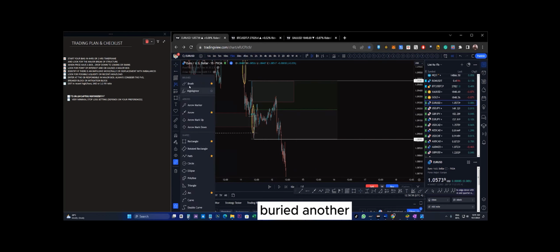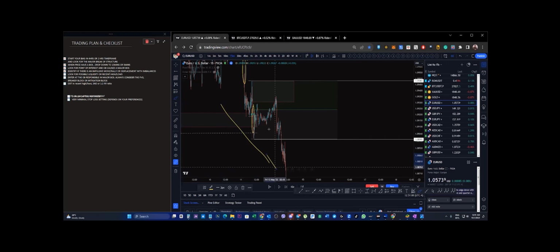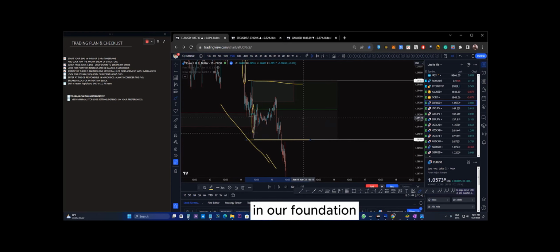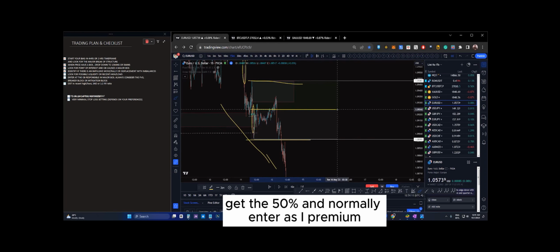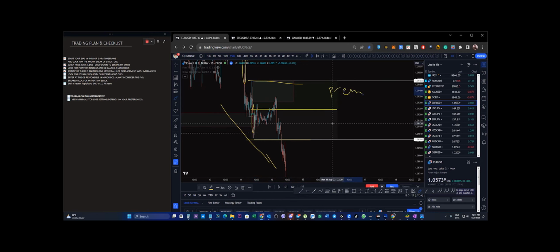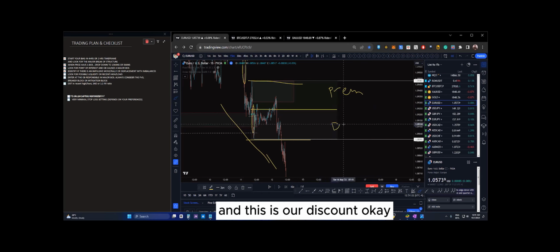Ngayon, yung range ng swing na yon tsaka ng swing na to, another confirmation which I didn't teach in our foundation, no? Get the 50%. And normally, ang taas ay premium. And this is good for selling. And this is our discount.